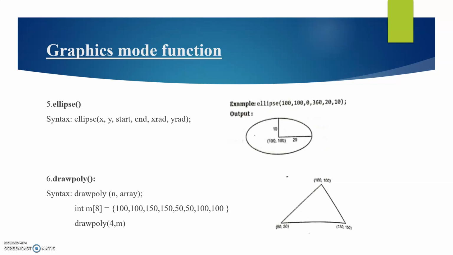For example, to draw a triangle with drawpoly, as shown on the screen, the syntax is drawpoly(4, m); where we have taken int m[8] equal to the coordinates. This is the array variable m. m is the array which stores the coordinates of the vertices of a triangle.